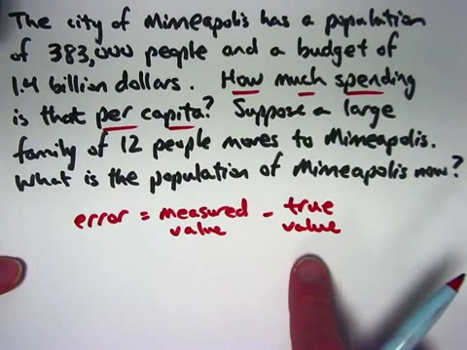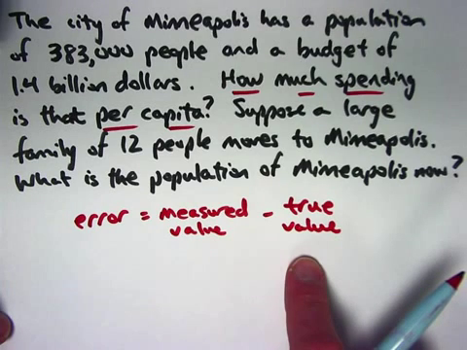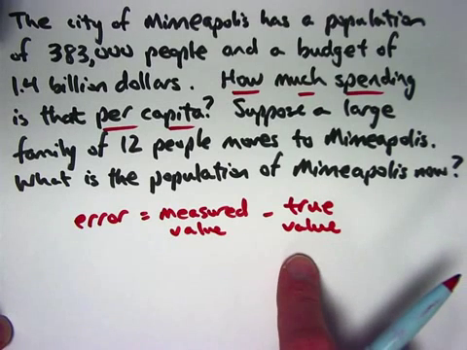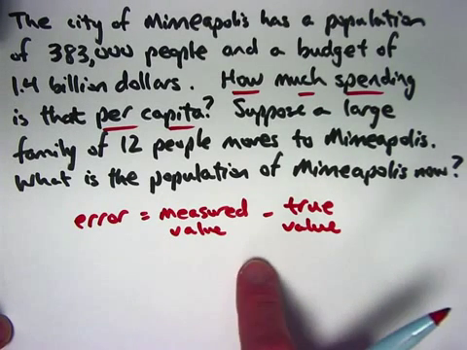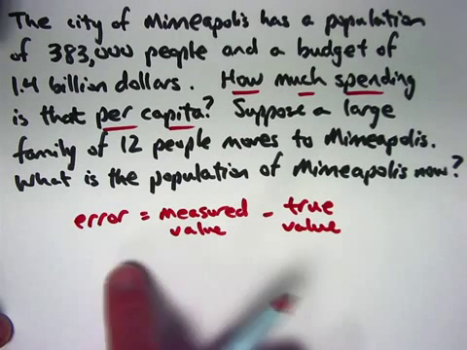So I could say this particular instant in time, which, if you're interested, happens to be March 27th of 2012. There is a certain population here at 12:15 in the afternoon, and that true value would be what you subtract from the measured value of 383,000 people to get the error.